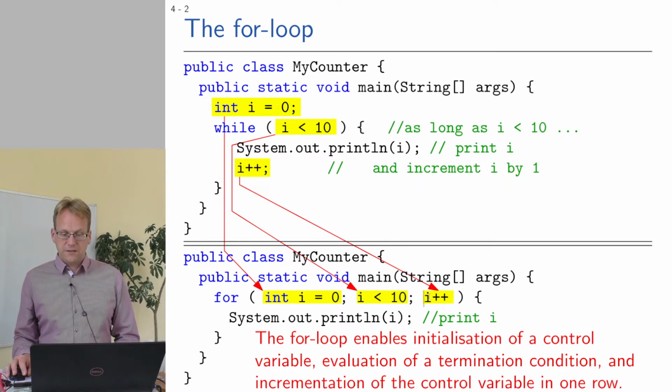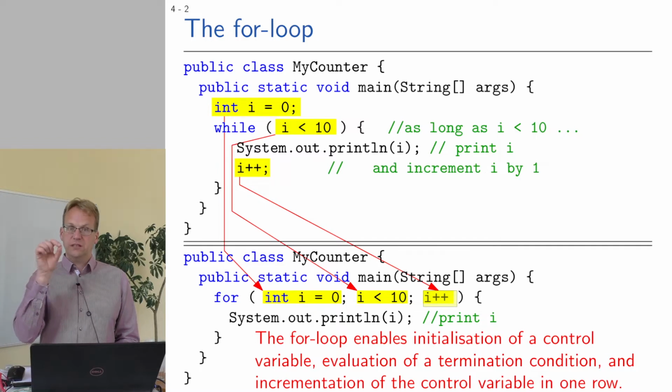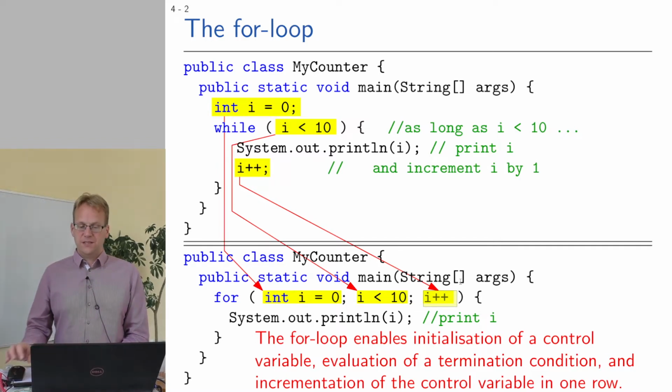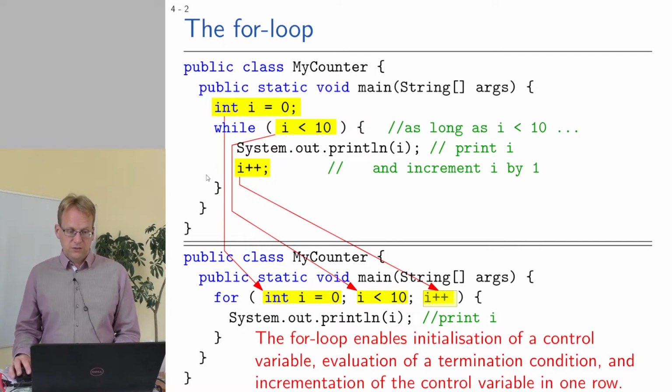And now the third expression here in the for loop, that is precisely, well, one expression or one command that is executed after every iteration, at the end of every iteration. So for example, we can use this to put the increment of our variable I. And then we have a nice compact way to code basically the same example that we have here coded with the while loop.